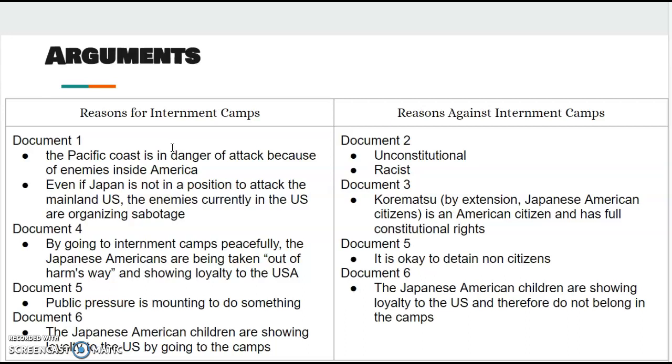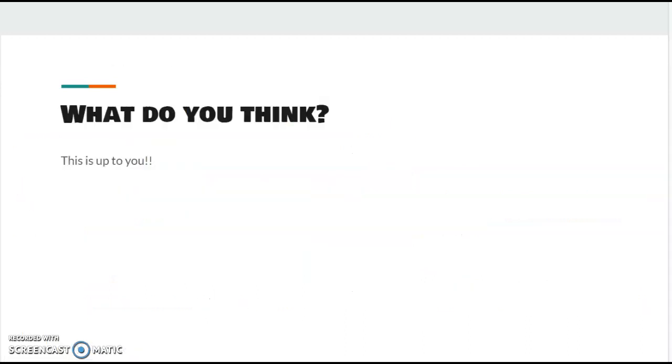It's okay if there is a family and the grandparents are immigrants but they don't have citizenship, but they had children who were born in America and therefore are U.S. citizens, the parents should not be detained, but the grandparents who were not born here should be detained, was his argument there. And then in document 6, that photograph again of the children, talked about Japanese American kids showing loyalty to the United States, and if they're loyal, they're not going to do anything to hurt the United States, so they don't belong in camps.